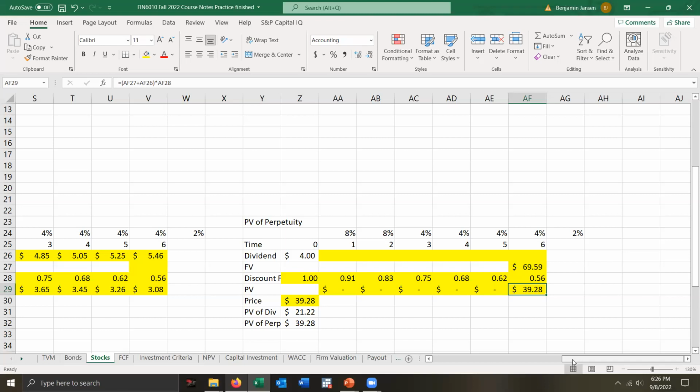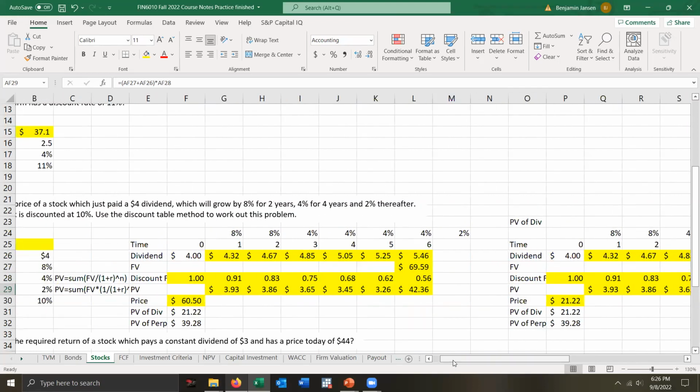All right, so we have these two cash flow streams that are relevant to this one asset. The dividends that we're receiving over the 6 year period, plus the value of those dividends in perpetuity growing at 2%. So in other words, 35% of this asset's value is coming from these 6 years of dividends.